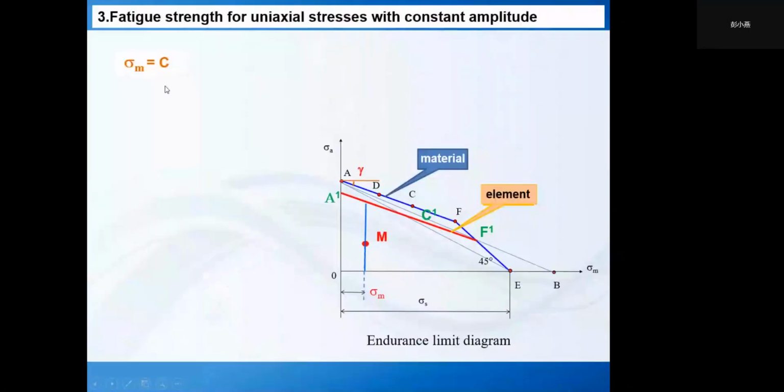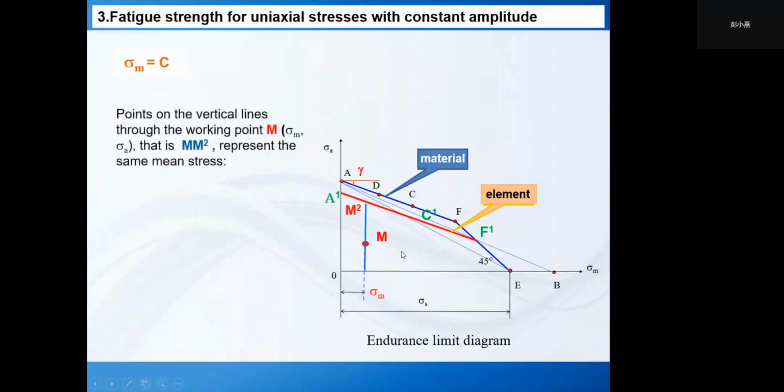And when the mean stress is constant, points on the vertical line through the working point M, that is MM2, represent the same mean stresses.